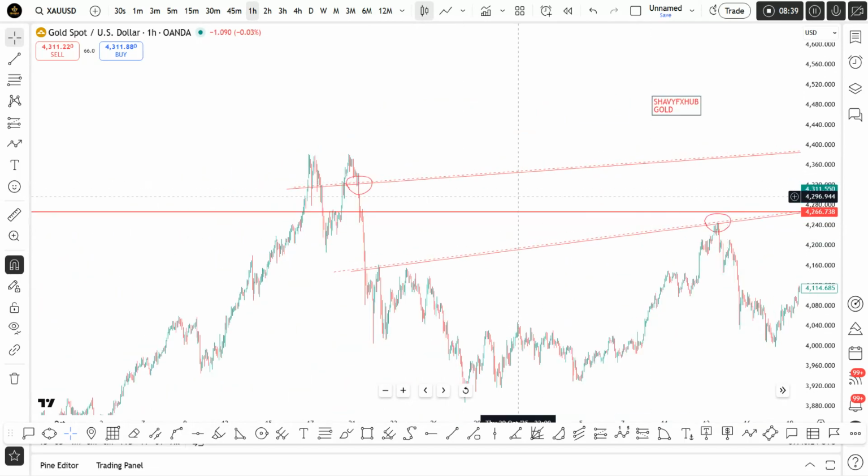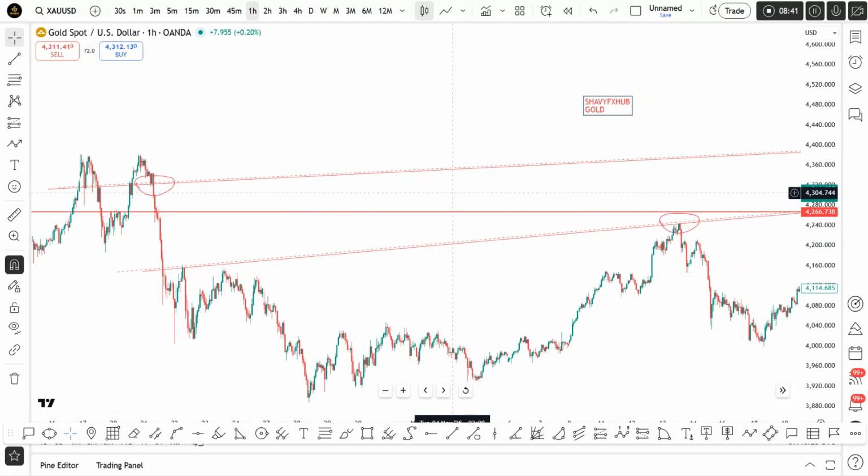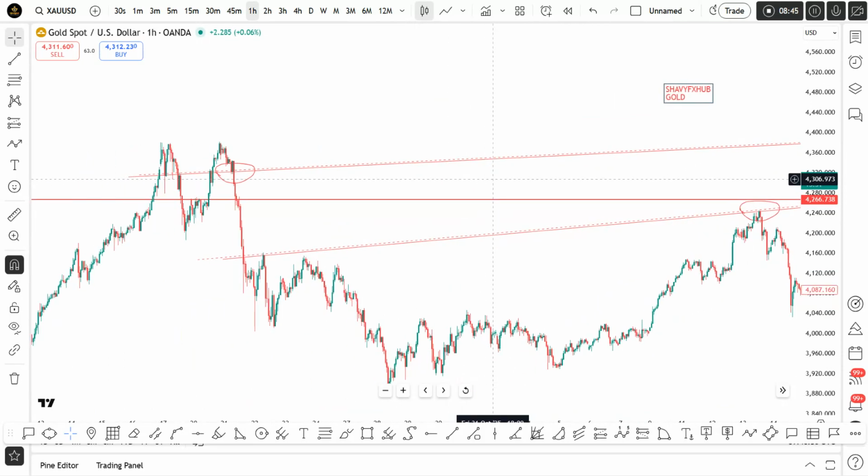So another thing again we want to take note of is, if you look critically here, you will find another resistance structure, which on 1 hour, is another resistance structure.